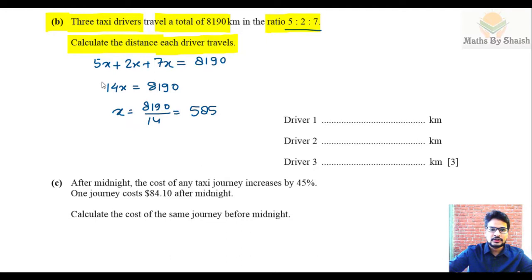So if we get the distances for the taxi drivers, first is 5x, so 5 into 585, 2925 kilometers, and for the other driver it is 2x, so 2 into 585, it is 1170 kilometers. And the last one we can either calculate by 7 into 585 or we can subtract from 8190, and this is coming 4095 kilometers. I hope it is clear.